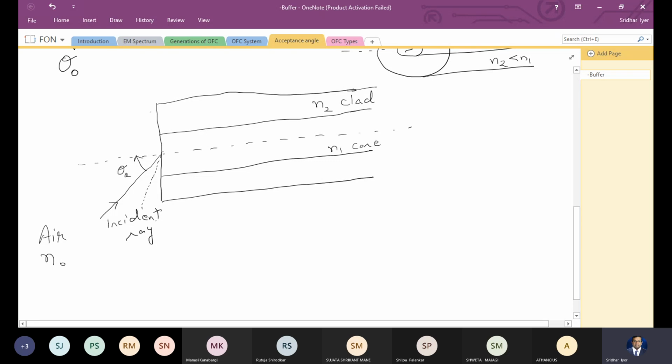Part of this will get refracted and go inside the cladding, and part of it will be reflected. However, we do not want that scenario.